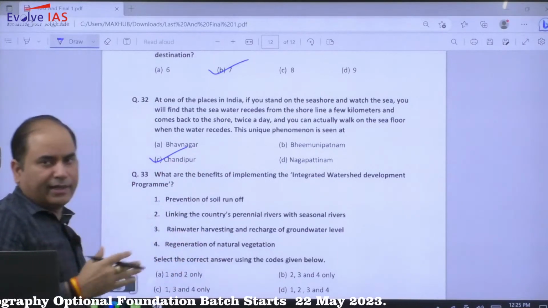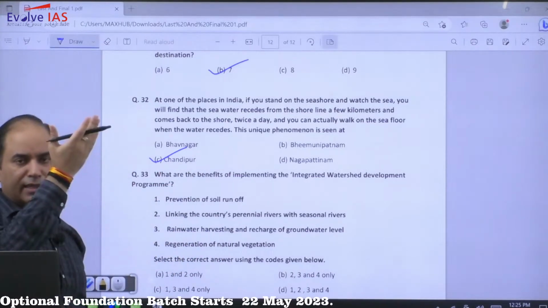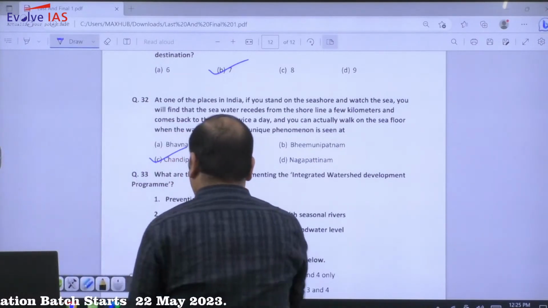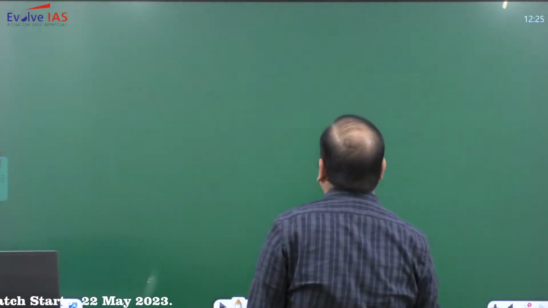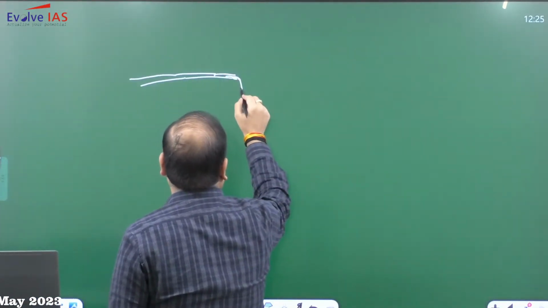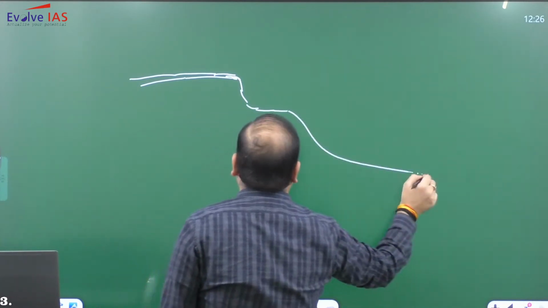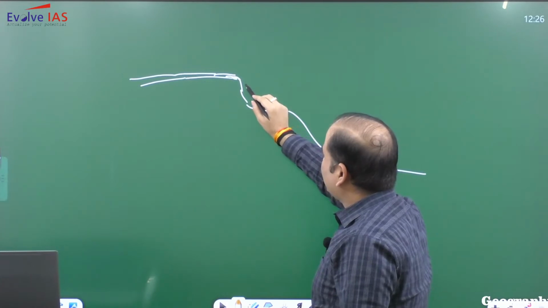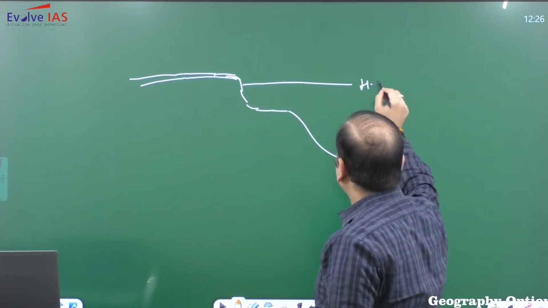In case of tide, the water rises and falls regularly. Now, when the water is falling, what will happen? Let's say this is a high tide line.